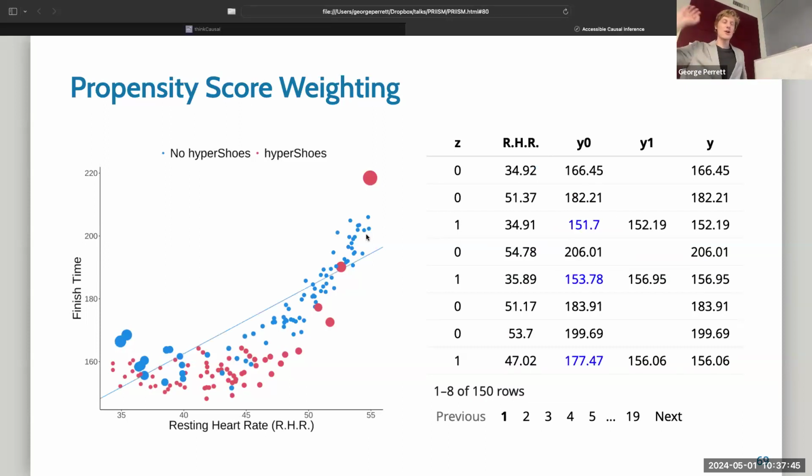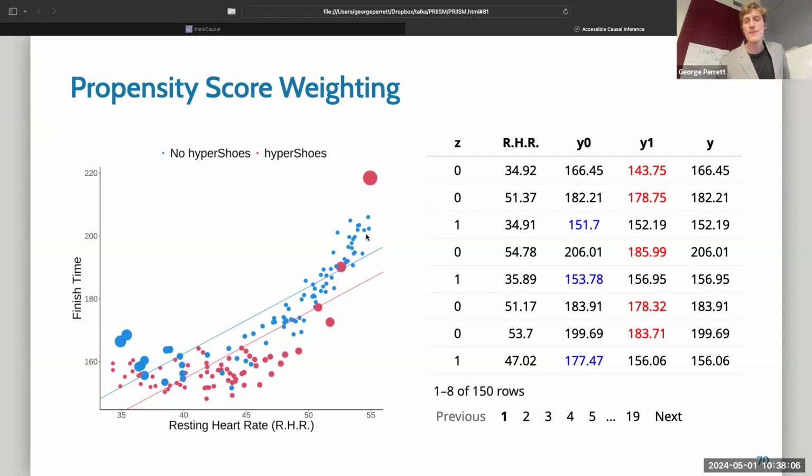So let's fit some regressions on our weighted data. And the whole idea is even though we're using the wrong outcome model, because we've tried to recover some balance, we're trying to make it like it's a randomized study again. We're going to change the structure of our data to make it resemble a randomized study, and then we can get away with fitting the wrong model.